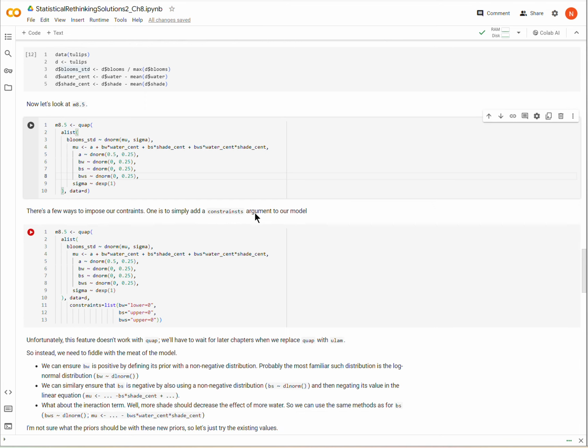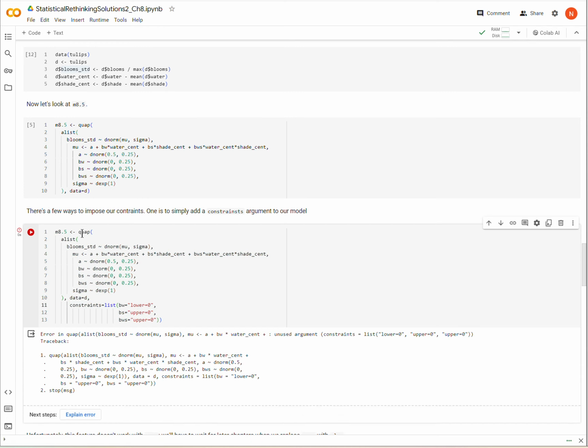Okay, so there's a few ways that we can add these constraints, and one is to simply add the constraints argument to your model right here. Okay, unfortunately with quap, that argument does not work. And so we have to wait until, I think, maybe starting next chapter, when we get into Markov chain Monte Carlo, where we will instead use a command called ulam.